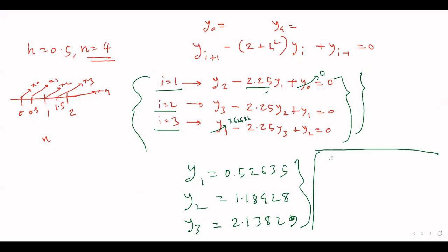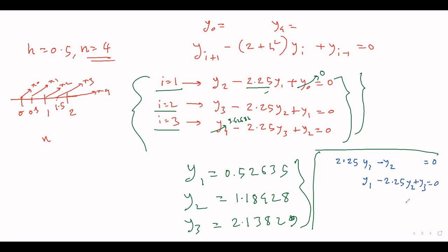It looks like this: 2.25 y1 minus y2 equals 0. The second equation is y1 minus 2.25 y2 plus y3 equals 0.